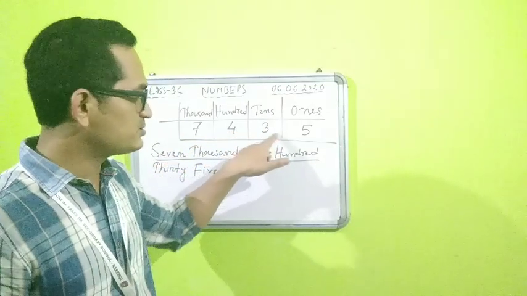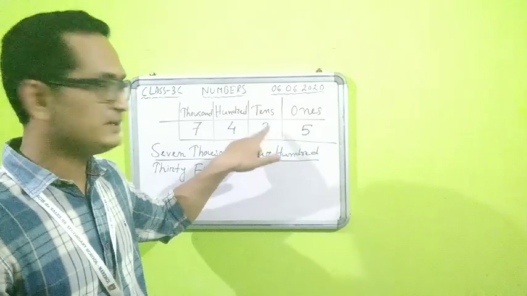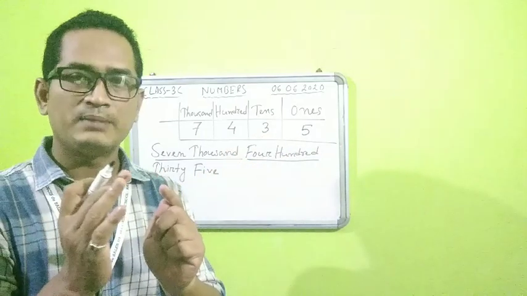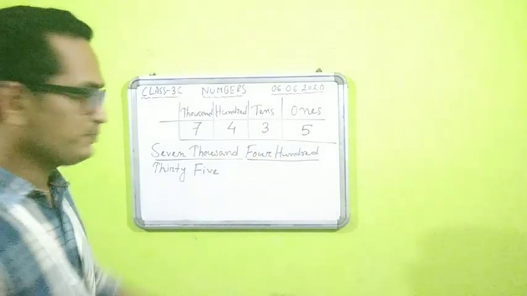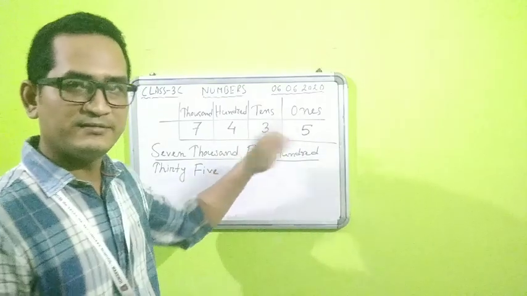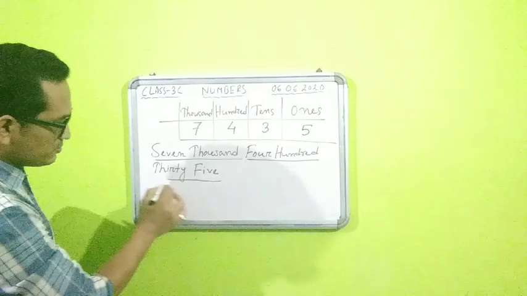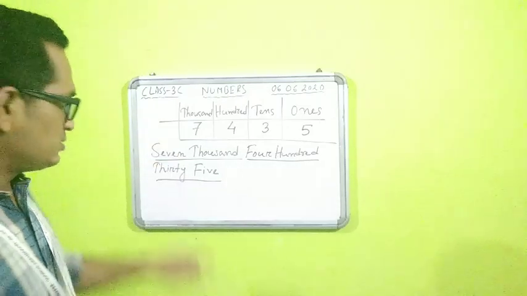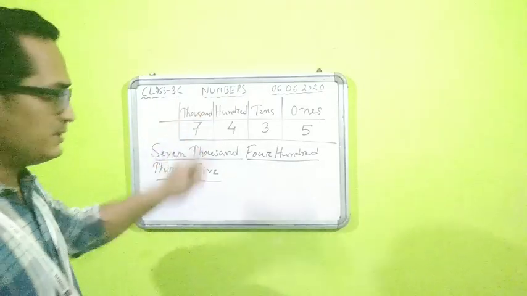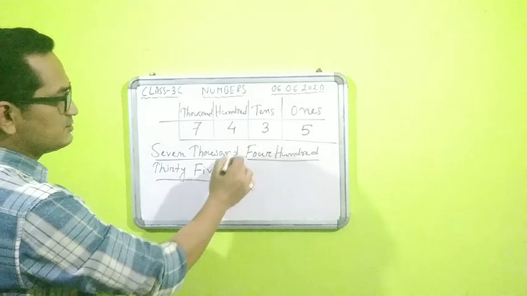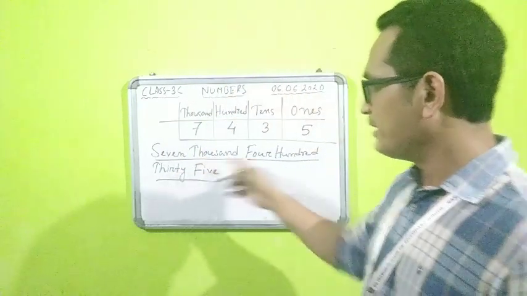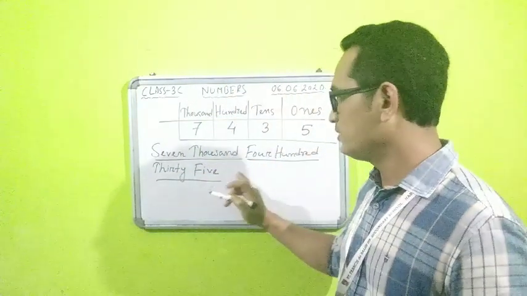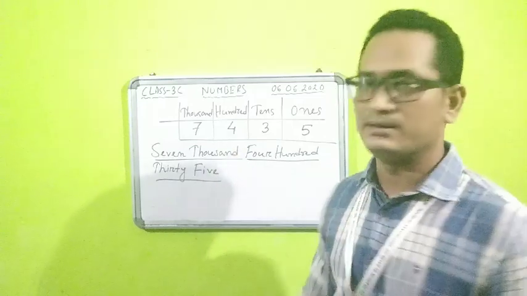So we have to say this together. Always remember, tens and ones place has to be combined. So we will have to say 3 means it is how much? 30 and 5. So 35. So that means this has to be said together. So what will be the number name of this particular number? 7435. So 7435, we have to read it like this. And this is called the number name of this number.